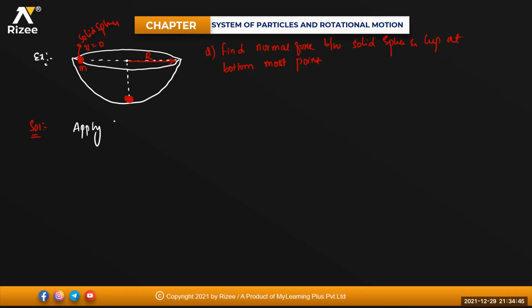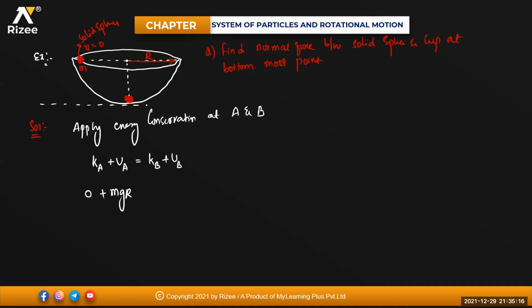No external forces are acting on that body, so we can apply energy conservation at A and B. Kinetic energy at A plus potential energy at A will be equal to kinetic energy at B plus potential energy at B. When it is released, initial kinetic energy is 0, plus it is at a certain height from the ground, so potential energy will be equal to mg into r.